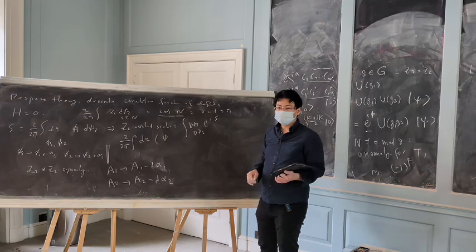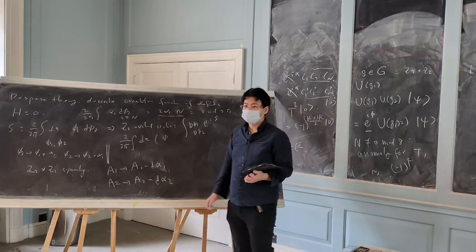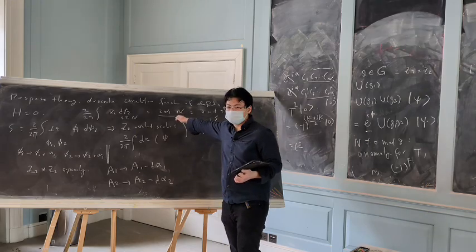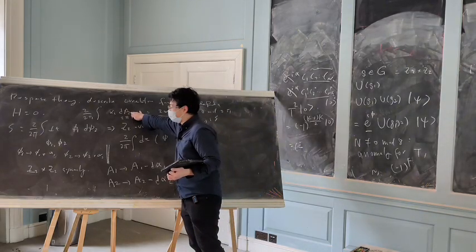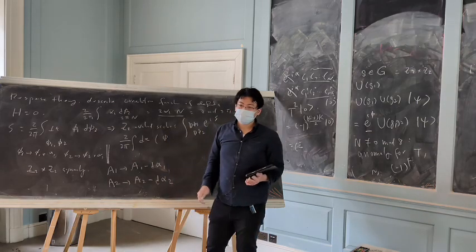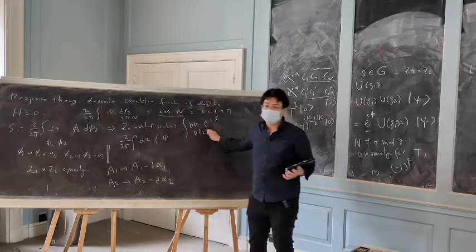But n here is arbitrary. n depends on the profile. n here is the winding number of the profile phi 2, which I can choose arbitrarily, because in the path integral you can choose arbitrary phi 2.